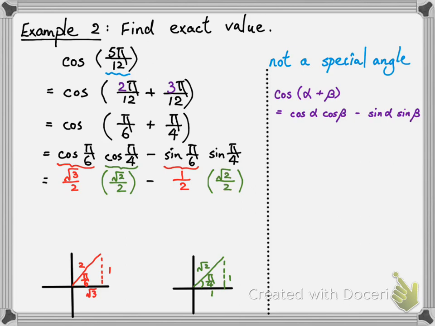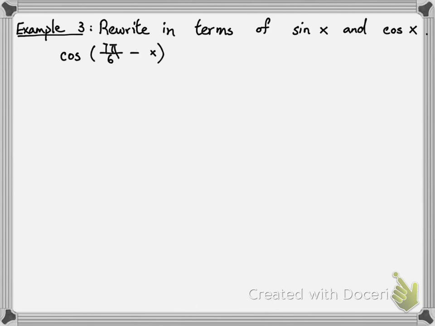As we multiply the numbers, we have square root of 6 over 4 minus square root of 2 over 4. Combining the two fractions into one, our final answer is square root of 6 minus square root of 2, over 4.